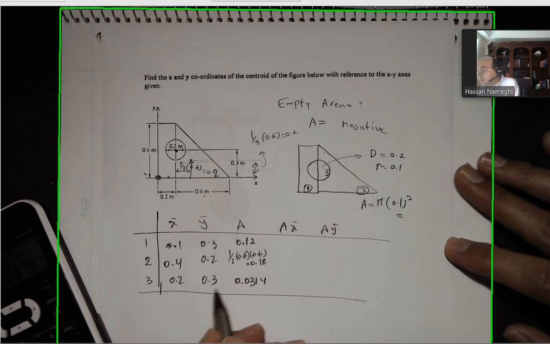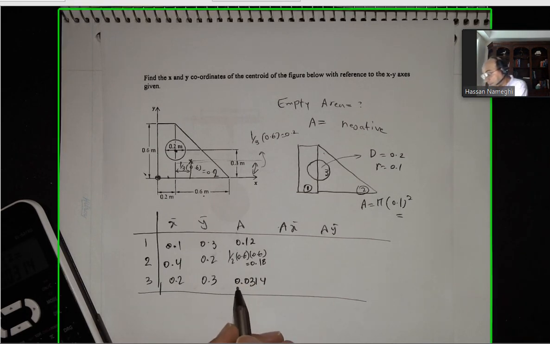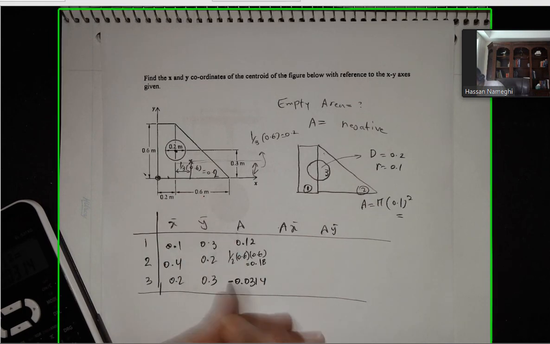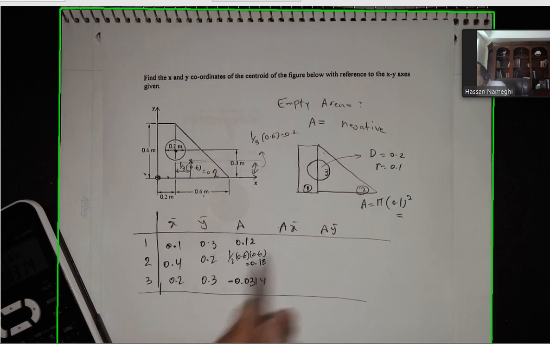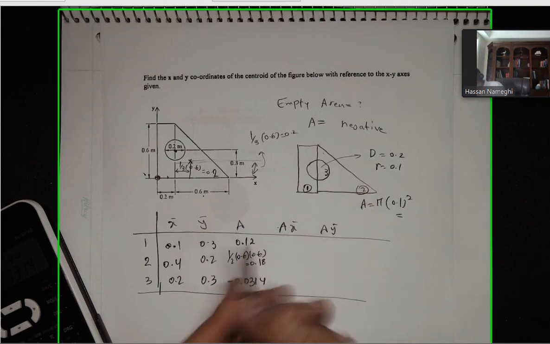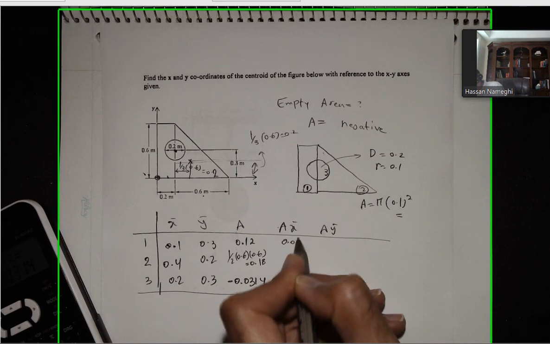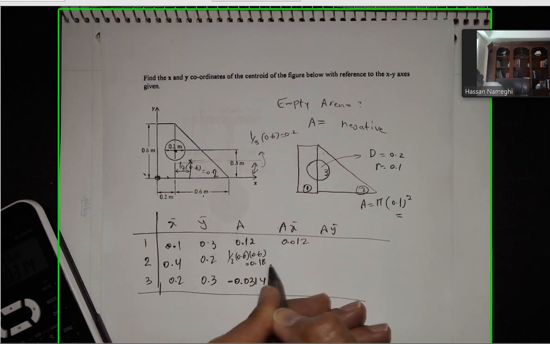So the possible mistake I have made so far is that I am neglecting the area. The area is negative. That's the empty hole. So I have to put the negative here. The rest of it again is a game, right? So this times this is 0.012, I'm guessing. And then I can continue the same thing.